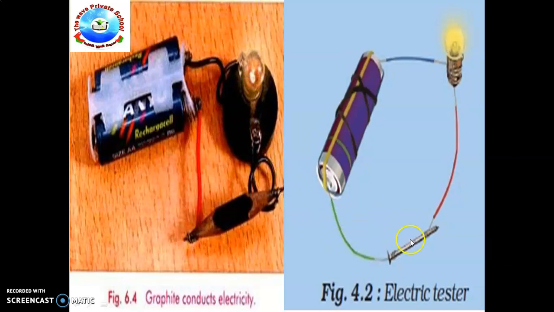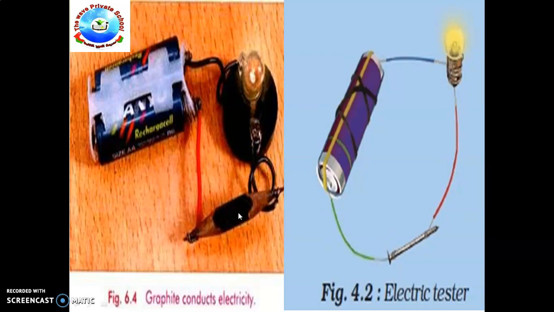And here you can see the battery and the connectors are connected with a metal nail, that means an iron nail. Because of the metal, the light has been lit. For example, if you connect these two wires on the pencil, not at the graphite nibs but on the wood part, the light will not glow, because wood is a poor conductor.